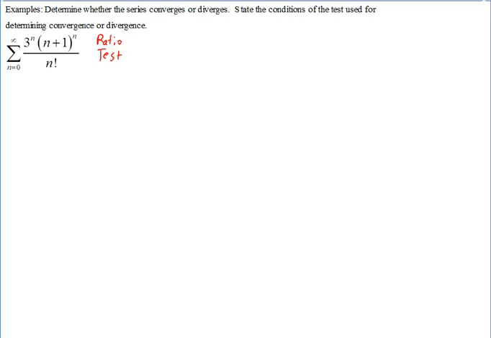So let's use our ratio test. This would be the limit as n approaches infinity of the absolute value of 3 to the n plus 1. Notice we're plugging in n plus 1 where it's n. And when you substitute n plus 1 for this n right here, plus 1, that makes it n plus 2 to the n plus 1, divided by, when you substitute n right there, n plus 1 factorial.